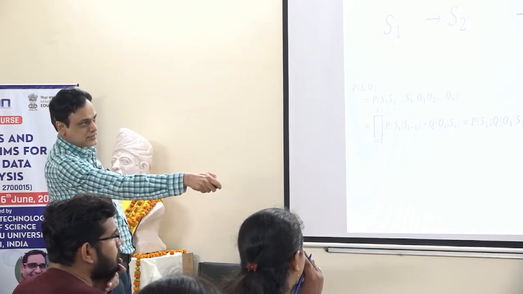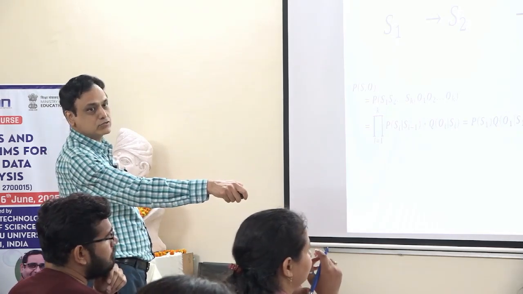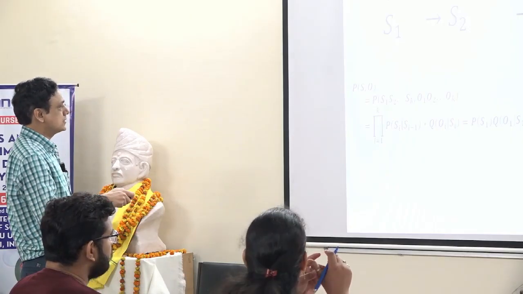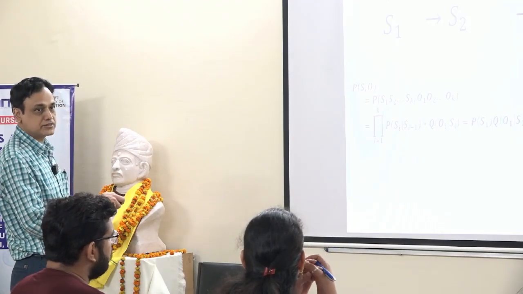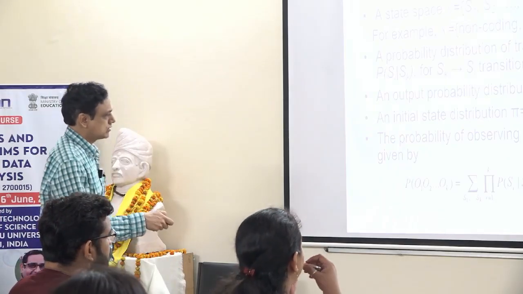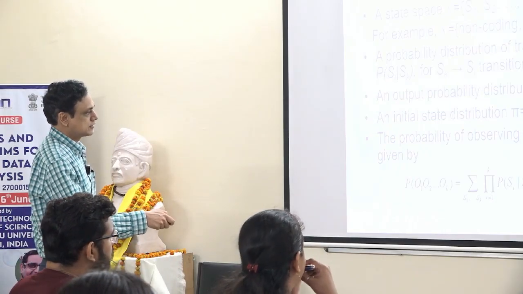Done. You just rearrange what I showed you, and you will get this. This is the joint probability of the hidden sequence and the observation sequence, and this portion is what is shown here.